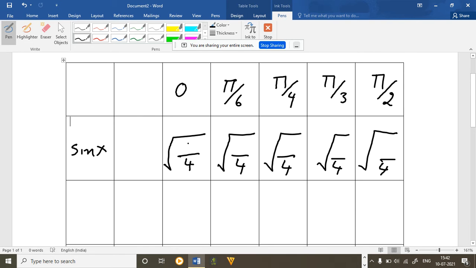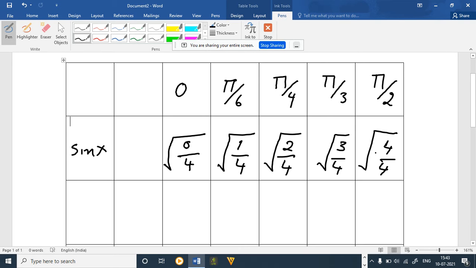And now I'll start with 0, 1, 2, 3, 4. So now if you simplify these values, you'll get that sin x is 0, sin pi by 6 or sin 30 degrees is 1 by 2. This is similar to 1 by root 2. This is root 3 by 2, and this is 1.